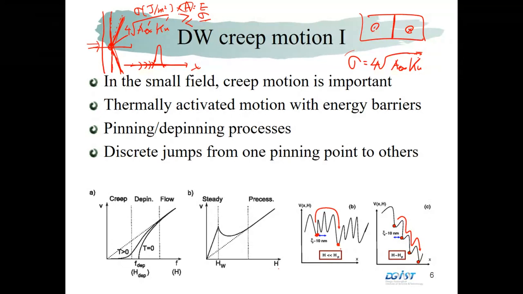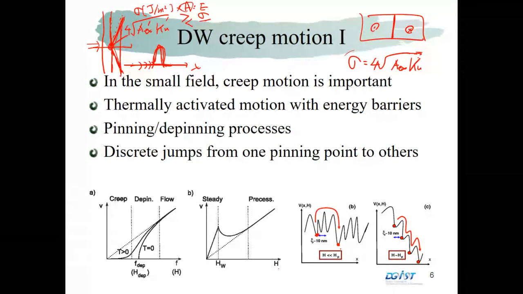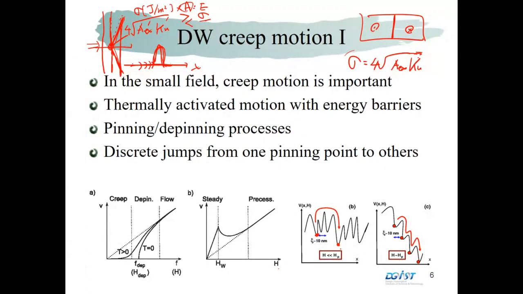When this increase of energy becomes larger than this part, then the domain wall passes the energy barrier and becomes flat again to reduce the domain wall energy. So this kind of imperfection acts as a domain wall pinning site.